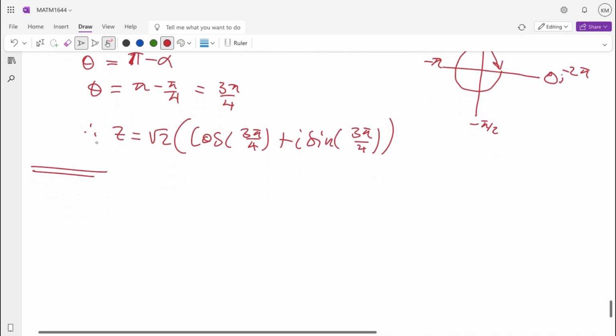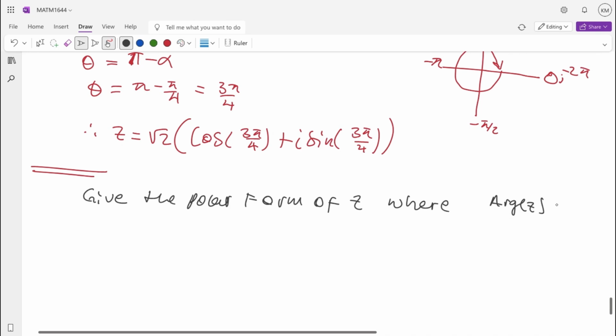Okay, so now let's check what we're gonna have now. Say if they say we should give the polar form of z where the big argument of z, it's now instead between pi and minus pi.